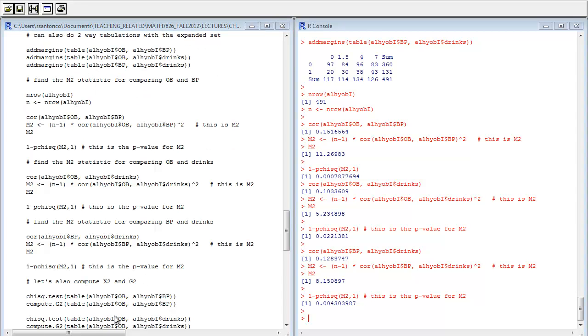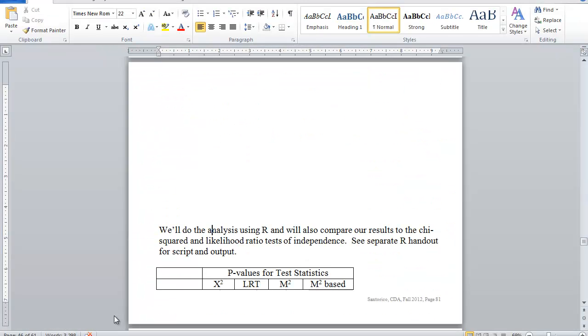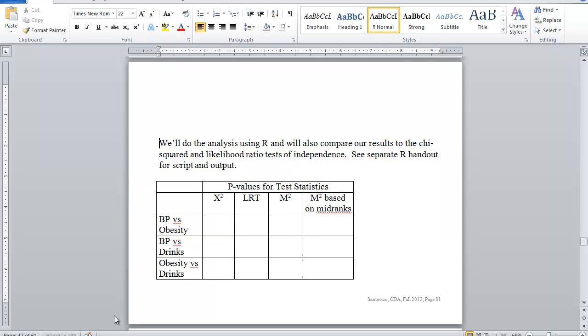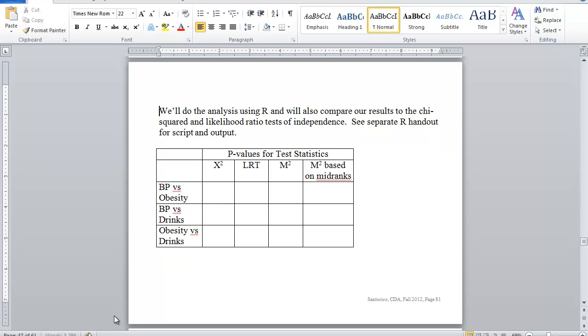And in fact, if you look at your notes, I have a table for that. So let's start putting in some of these values. For your M squared, blood pressure versus obesity, let's look back, 0.0079 is what I had. Let's double check though, 0.0043 and 0.022.